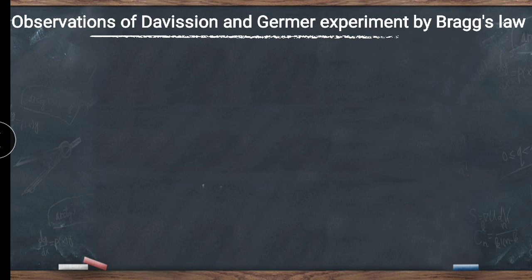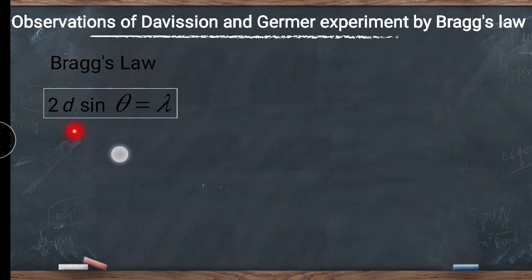Observations of the Davisson and Germer experiment by Bragg's law. Now friends, we are going to see what Bragg's law is, right? Now you can see this formula. This is d. d is nothing but the atomic spacing, as we are using the nickel crystal. What is the distance between different atoms of the nickel crystal? That is nothing but the spacing. Next one is lambda.